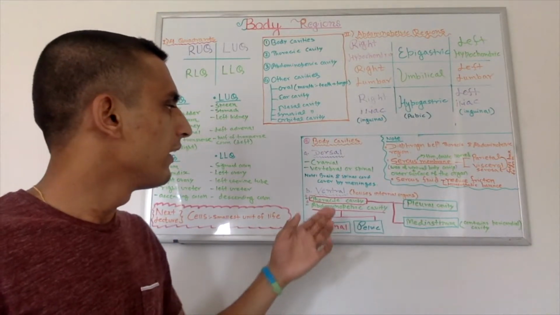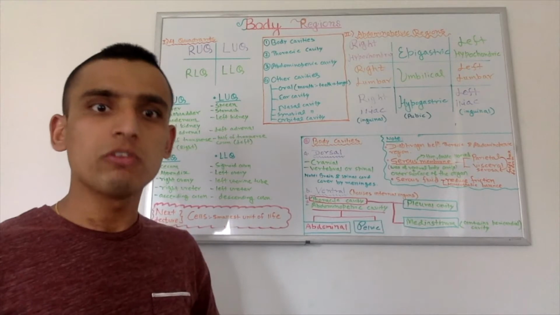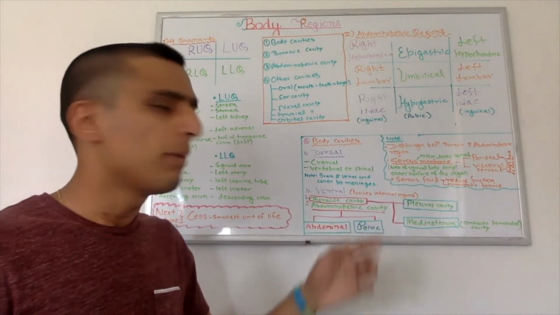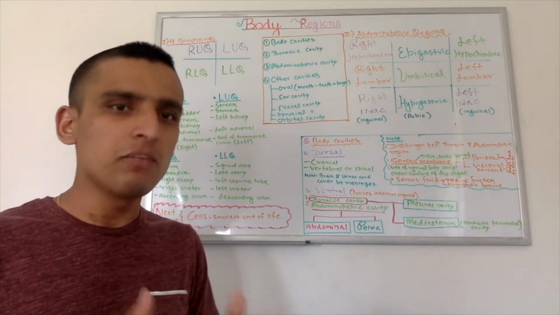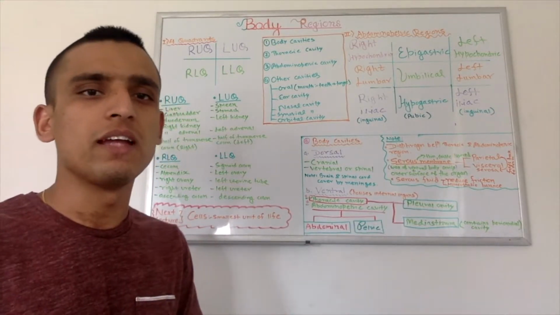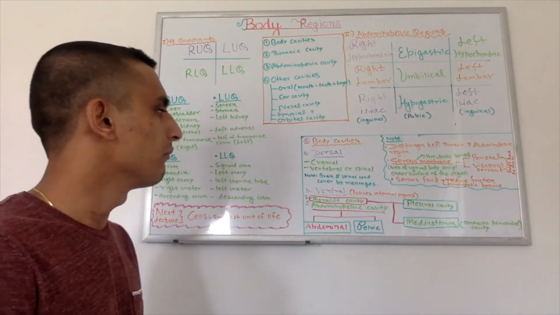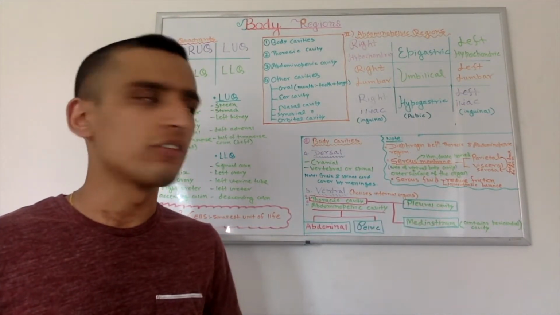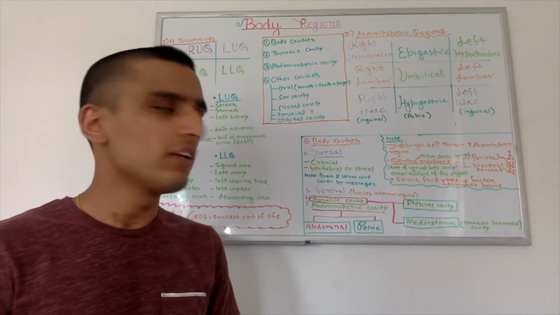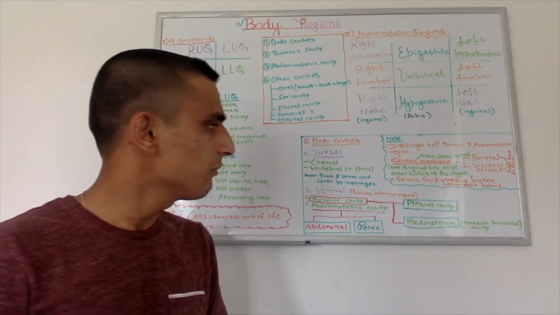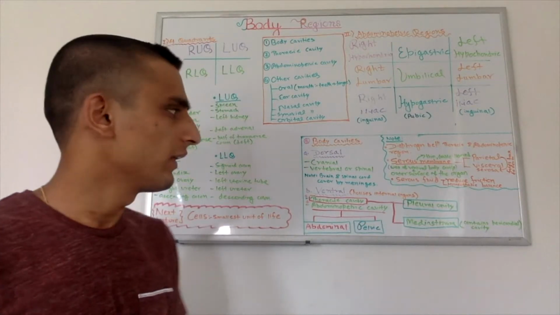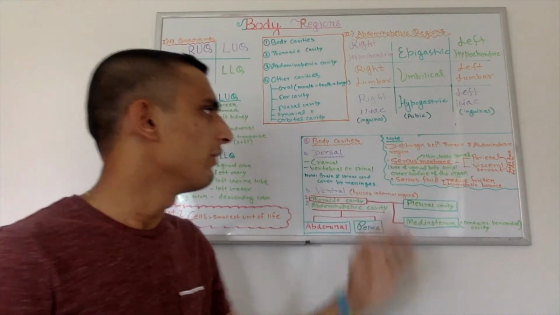The abdominopelvic cavity is also divided into the abdominal cavity and the pelvic cavity, and for ease we just combine those as the abdominopelvic cavity. The thoracic cavity has a pleural cavity which houses the lungs, and another, the mediastinum, which contains the pericardial cavity. Okay, that is all about the cavities.